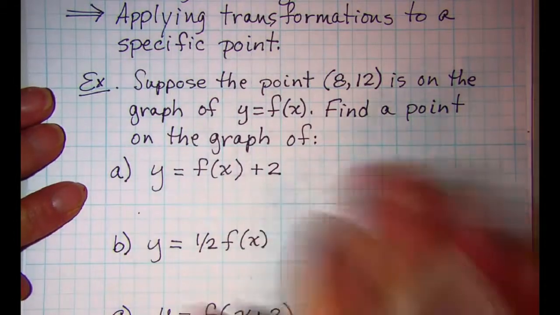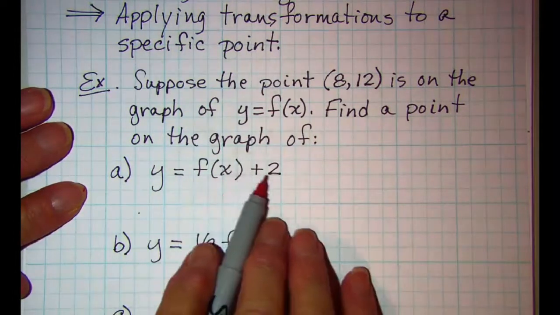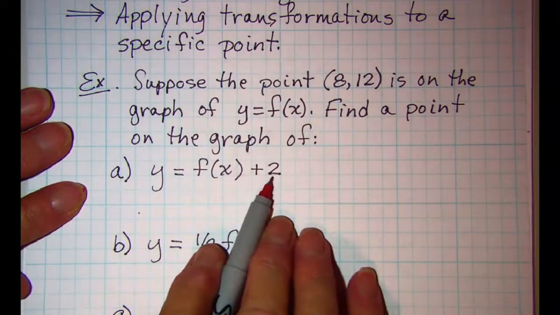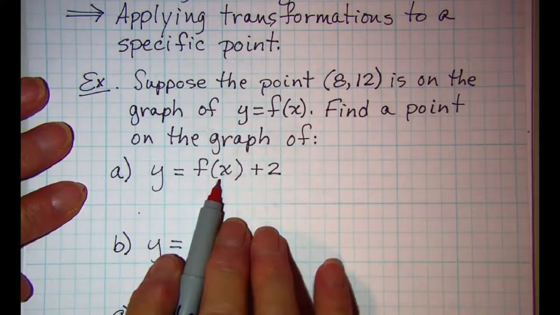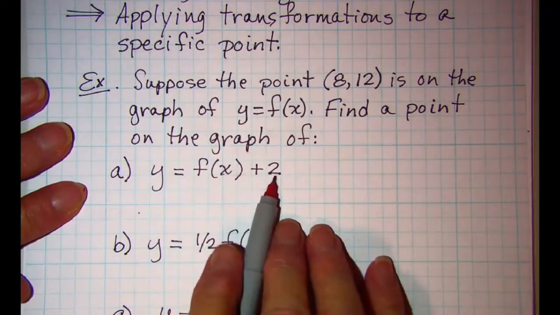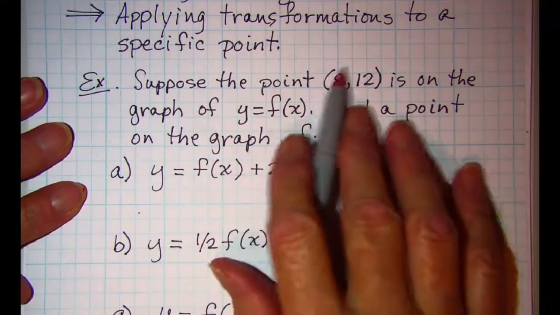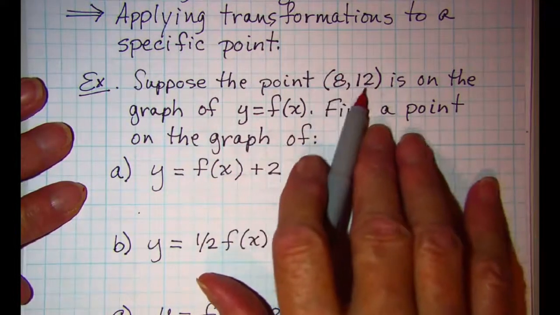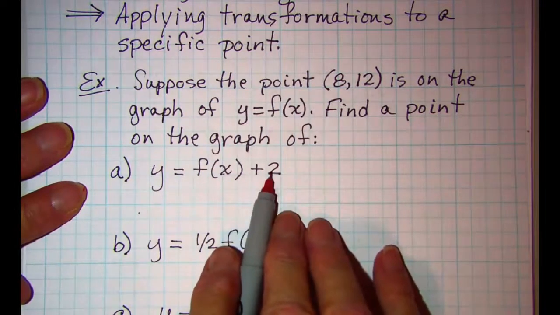But what we're going to do is just apply the transformation. Remember that when we're adding a number to f of x, that means that we add that number to our y value, or we move up that number of units. So whatever you prefer to do, just remember that we're sitting at the point 8, 12, and we want to apply this transformation to that point.